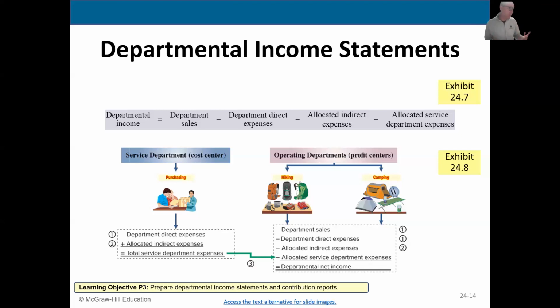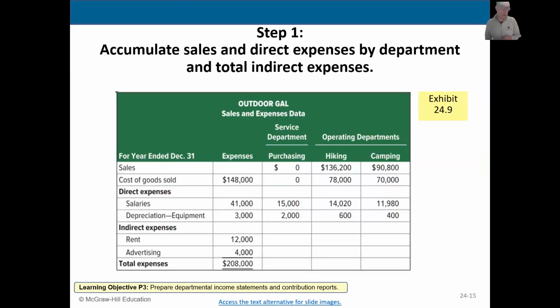In order to understand this formula, we need to build out the income statement. Okay, we do that in 3 steps. The first step is we find the sales, the direct expenses, and the indirect expenses for each department.